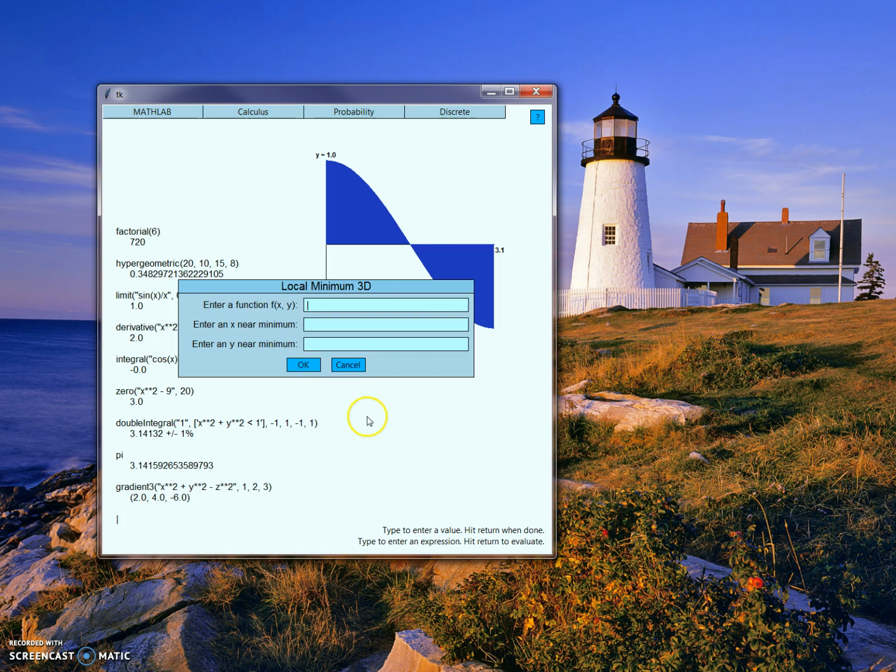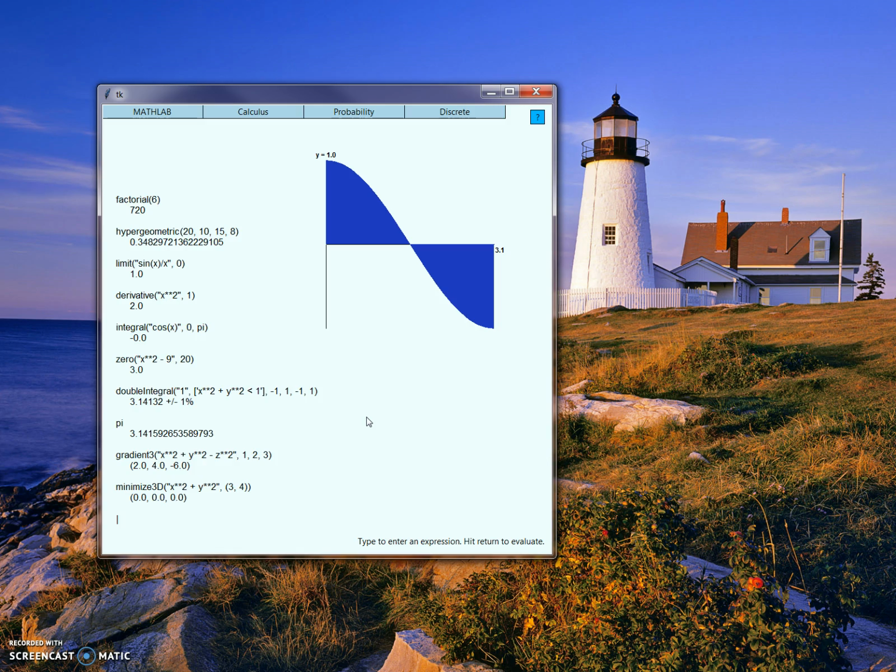For example, if we click on local minimum, let's say that we want to find the local minimum of a basic elliptic paraboloid, x squared plus y squared, and you have to give it a guess again. Let's just say that our guess is going to be 3, 4, and it finds that the minimum of this paraboloid is going to be 0, 0, 0, as we would expect.